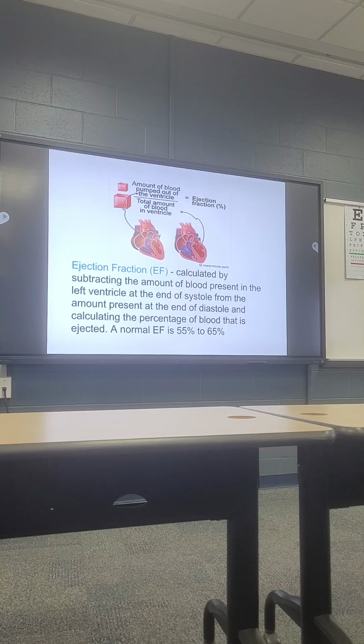When we're looking at heart failure, we're looking at ejection fraction. We already talked earlier about 55 to 65 being normal, and they can test the right ventricle and the left ventricle. They're going to see the percentage for both of them, because say you have a left ventricle that's at 30%, that's pretty crappy. But the right ventricle is working at 65%.